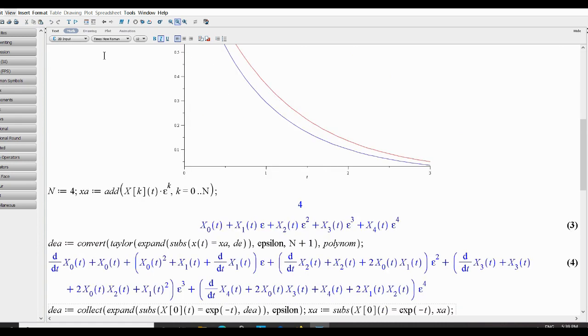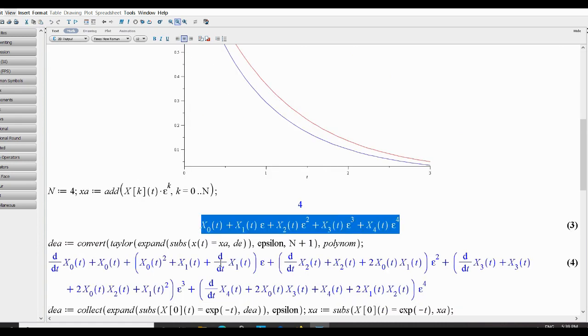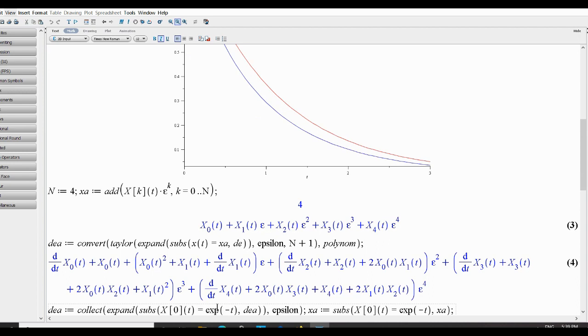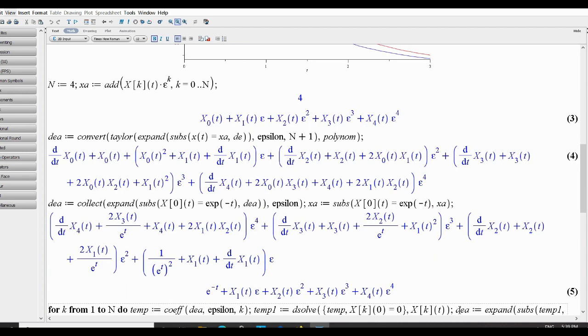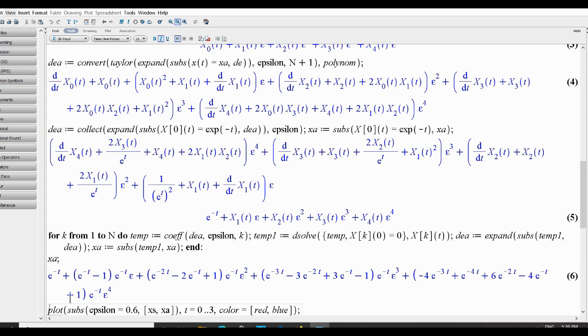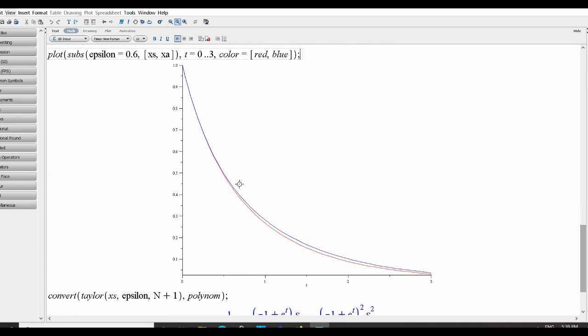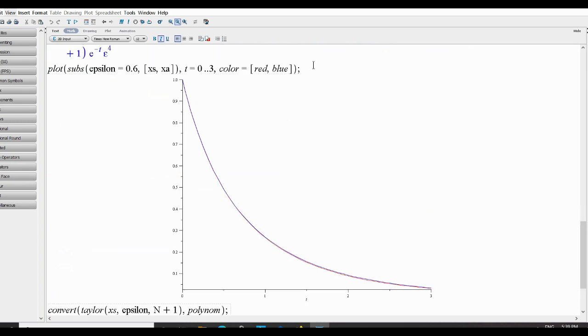So now I have a longer series and DEA is longer, and then I substitute that and that is my XA, a longer expression. There was previously a difference, but when I run it now, that difference has become smaller.